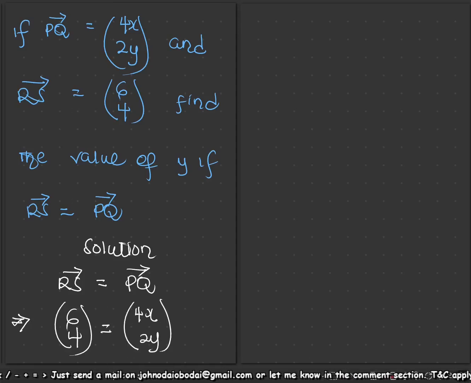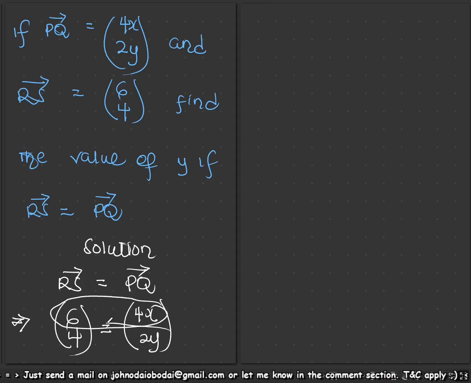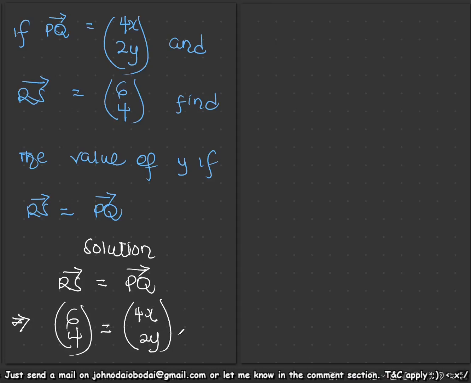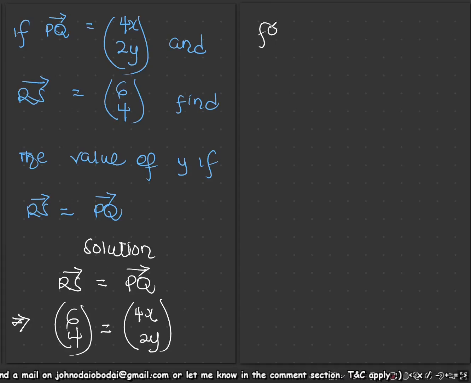So with that said, vectors are said to be equal if the corresponding components are equal, here we mean the x component is equal to the x component, and the y component is also equal to the y component.